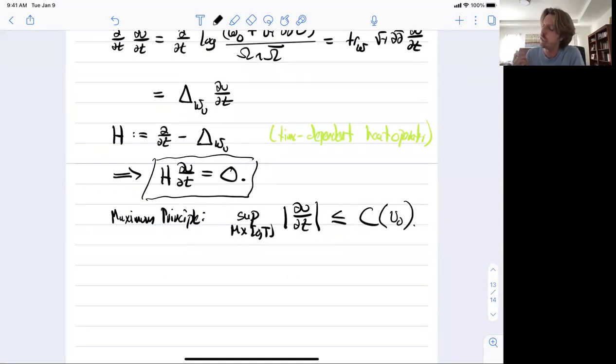I think we did discuss this quite a long time ago, like 5 months ago, but you can prove a version of the maximum principle where the operator on the right-hand side can depend on time, as long as it's uniformly elliptic. It can also have a time-dependent gradient first order term, and it makes no difference.